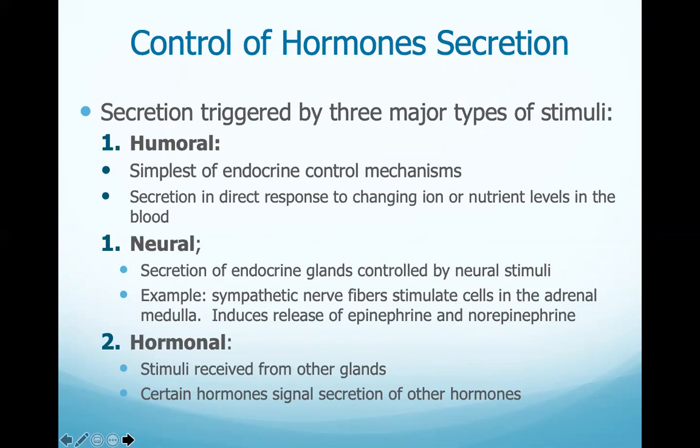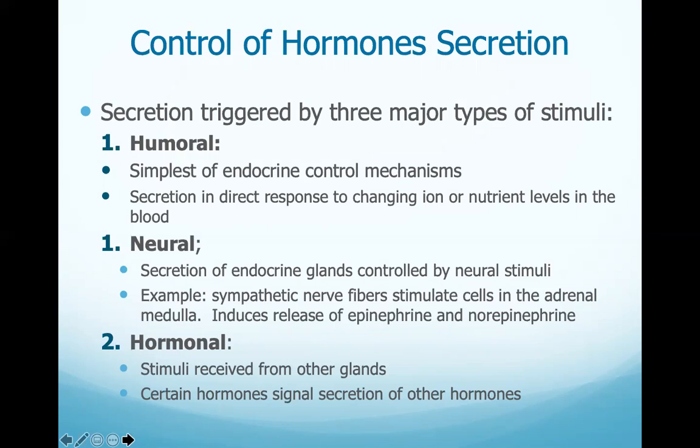This is usually associated with nutrients or ions that are present in your blood. The best example that always comes to mind is control of calcium in your bloodstream. Parathyroid hormone gets released when there's an imbalance in calcium level.